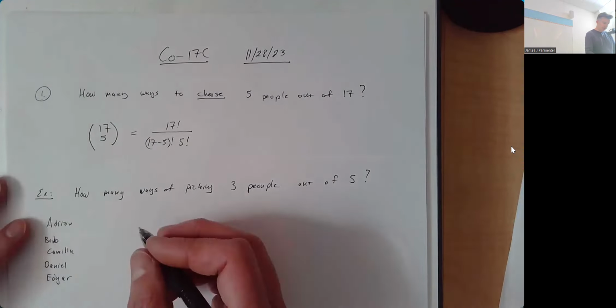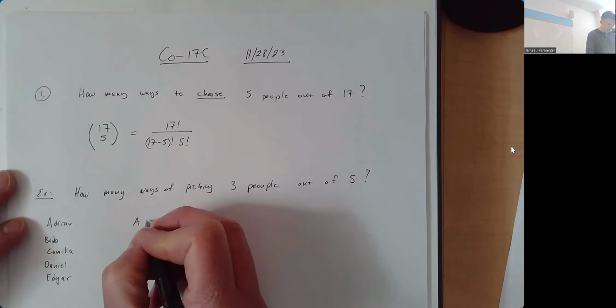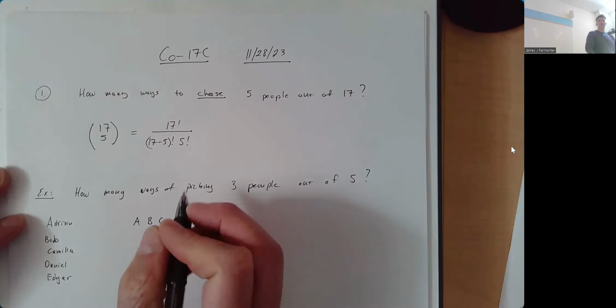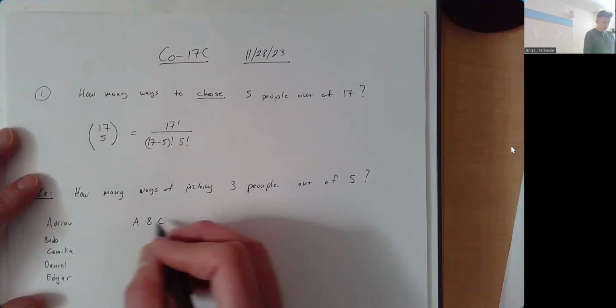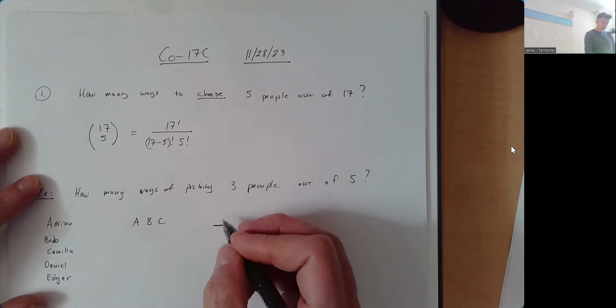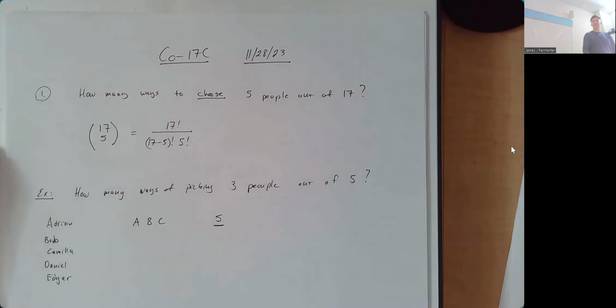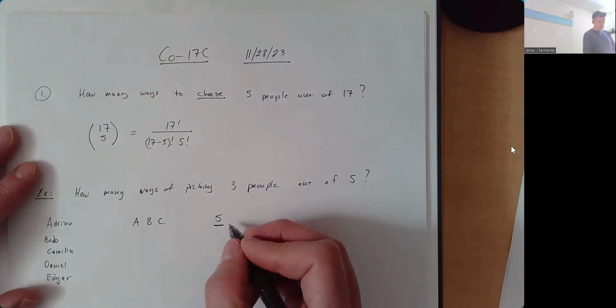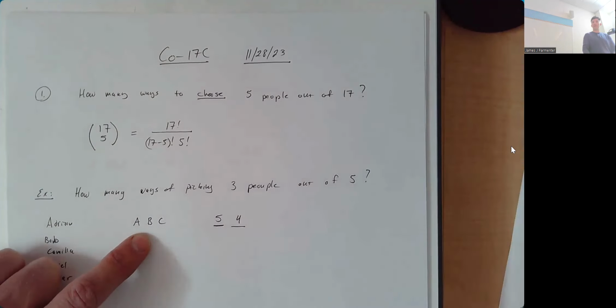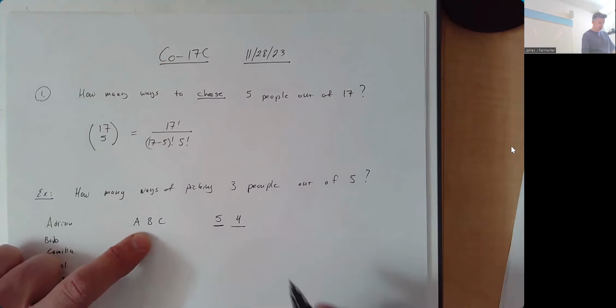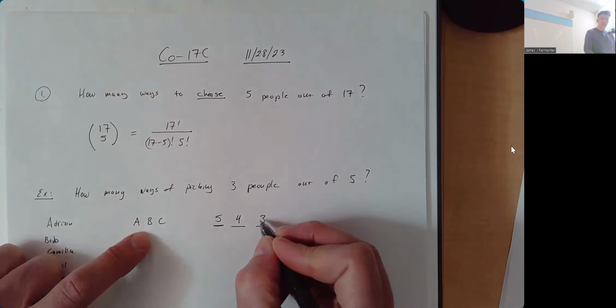So you could pick first person A, then person B, then person C, for example. How many choices did I have for the first person? Well, I had 5 choices. And then after I picked the first person, there were 4 choices left for the second person. And then after I picked the second person, there were 3 people left to choose for the third person.